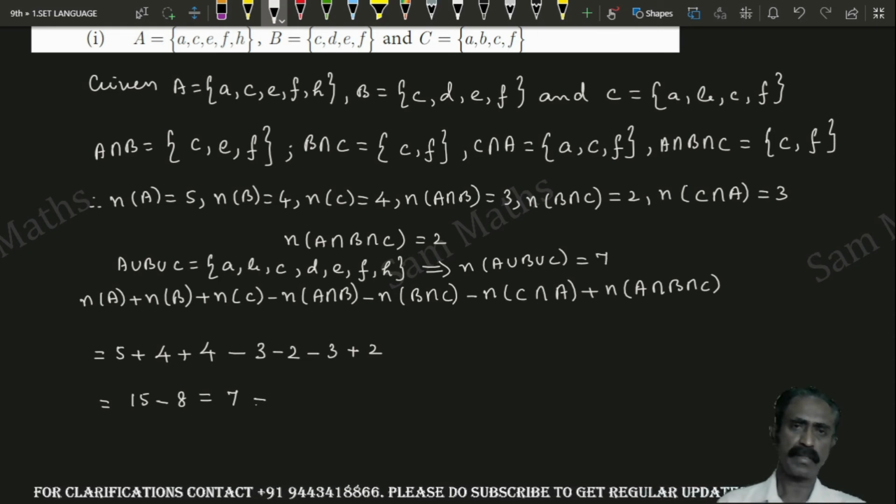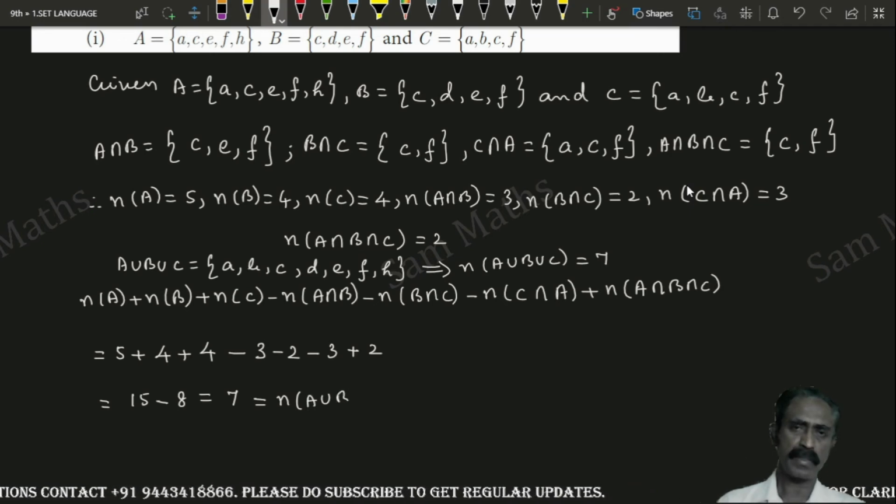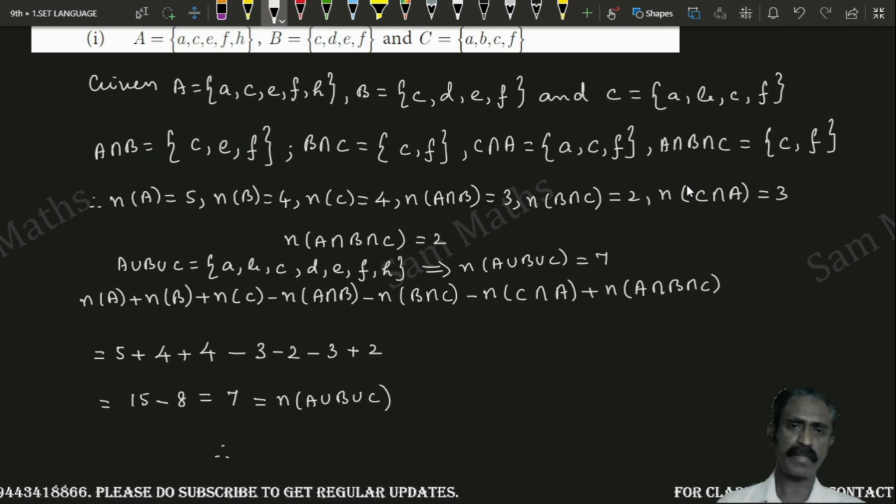Therefore, we are getting this is equal to n of A union B union C. Therefore, we verified the formula.